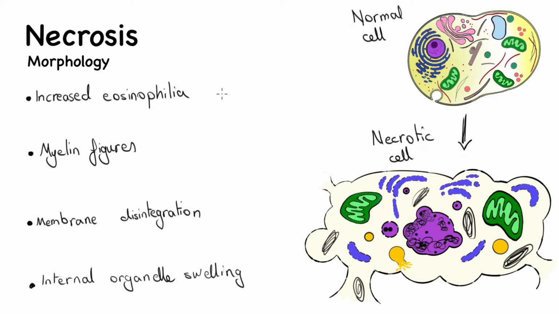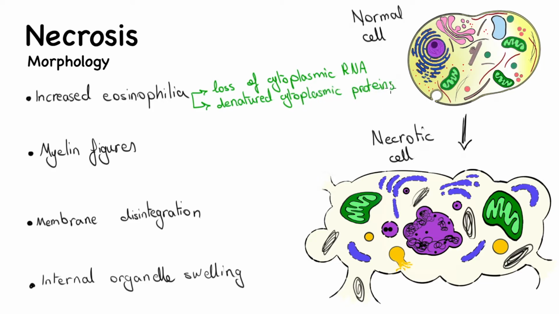Regarding increased eosinophilia, it's usually attributed to two different things. Firstly, loss of cytoplasmic RNA, which is something that usually binds to the blue dye. It's basophilic, so when we lose it, the whole thing tends to get eosinophilic. The other thing is the presence of a lot of denatured cytoplasmic proteins, which are just eosinophilic, and when we have a lot of them, it increases eosinophilia.